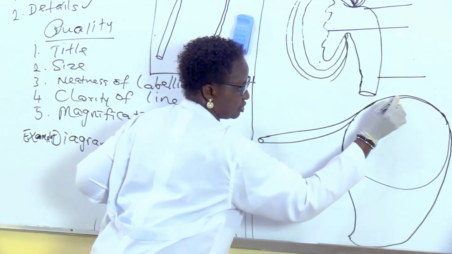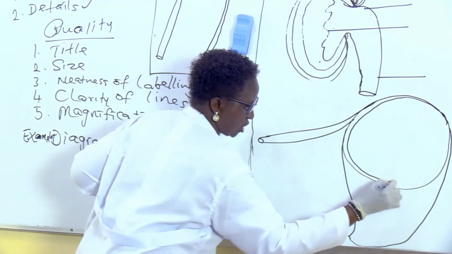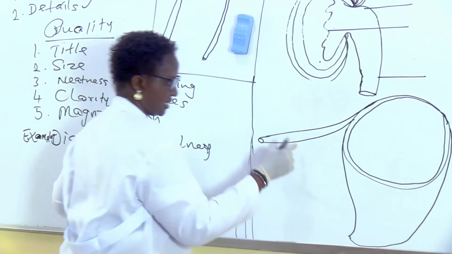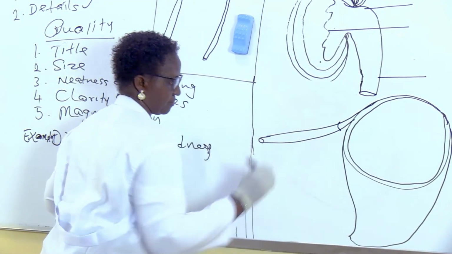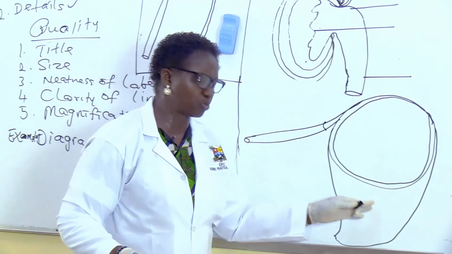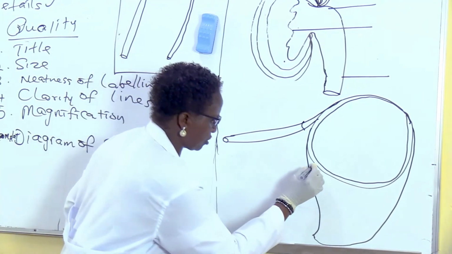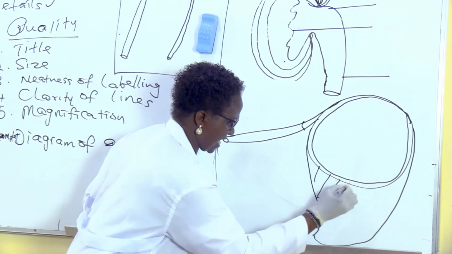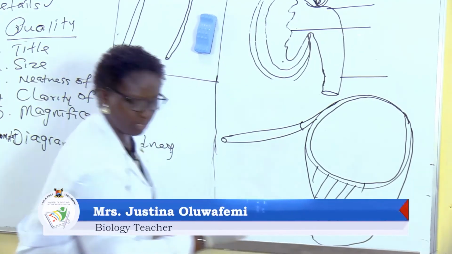Remember I said double line for cut surface. This is the handle. You can leave it plain. What do I do to the net? I should be able to indicate that this is a net. What am I doing, class? Are you seeing what I'm doing?